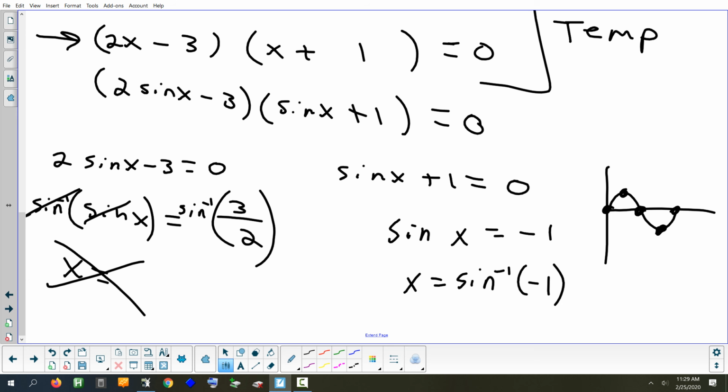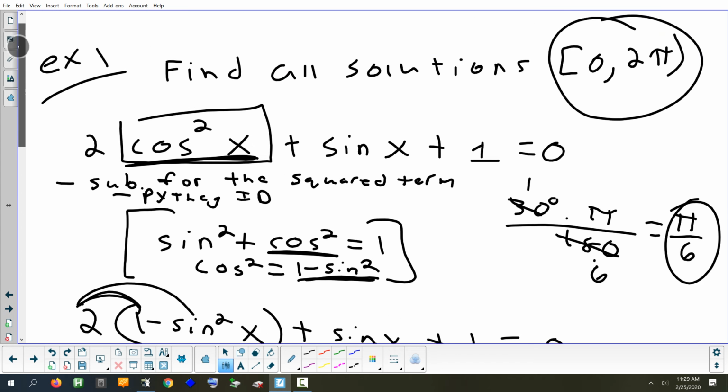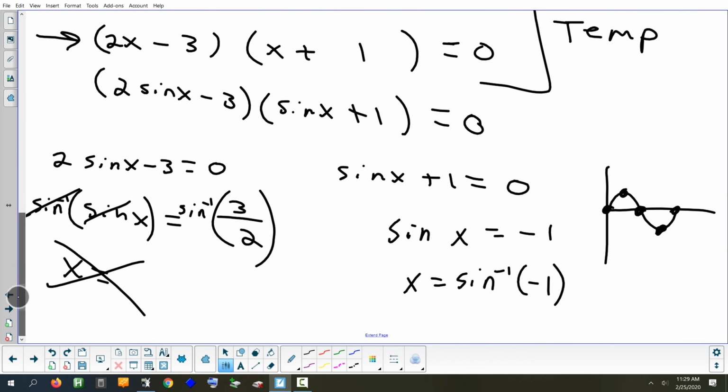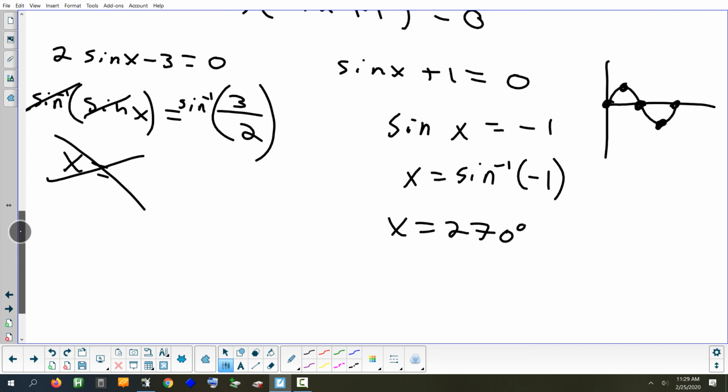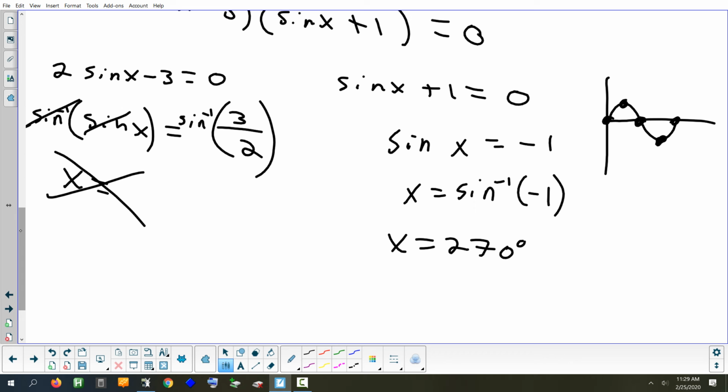It's okay to write that in degrees for now, but remember, they want radians. So we can write 270 temporarily. Does it hit -1 anywhere else in that cycle? No. It hits 0 a couple times in the cycle, but it doesn't hit -1 more than once.